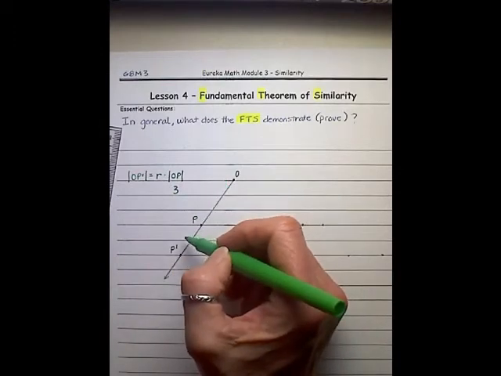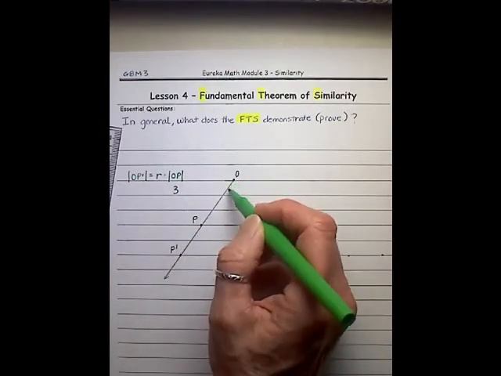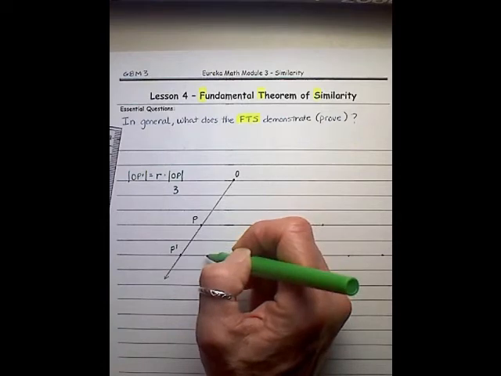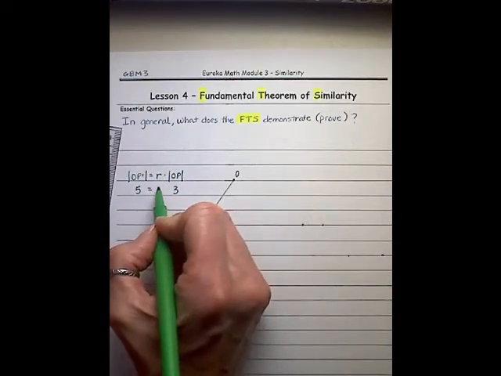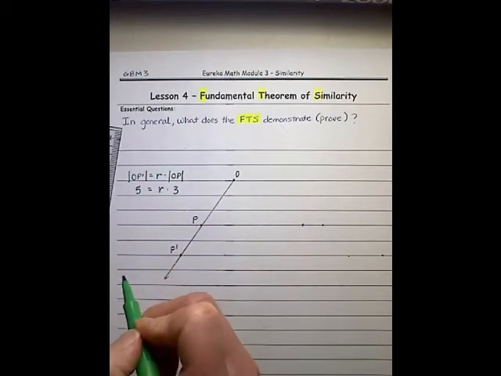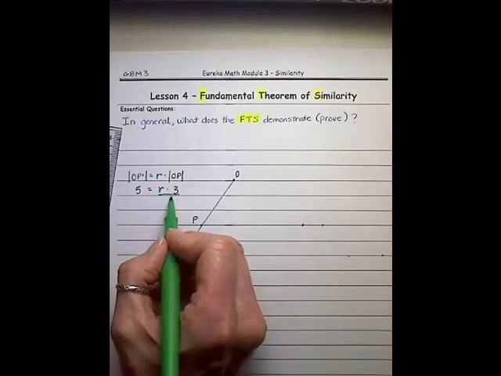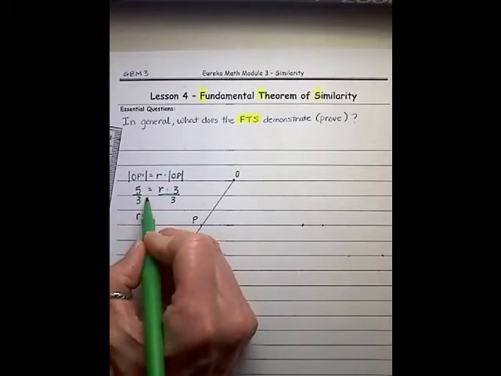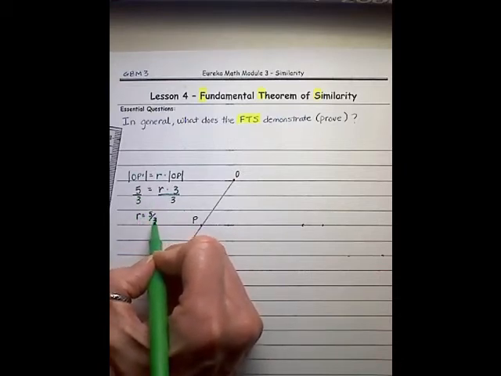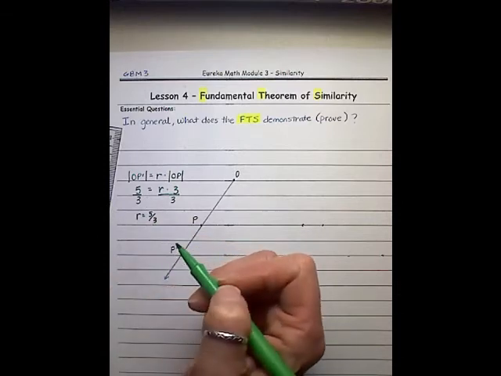And the length of OP' would be 1, 2, 3, 4, 5 segments. So now let's calculate what our scale factor is. Divide by the original length of the segment, and our scale factor is 5/3. And we're just going to leave that as a fraction.